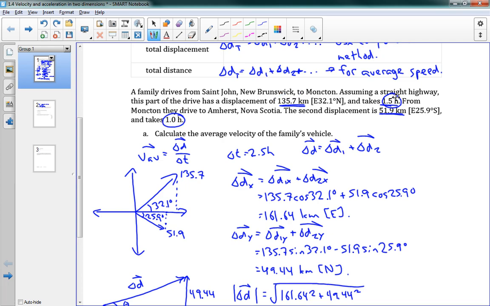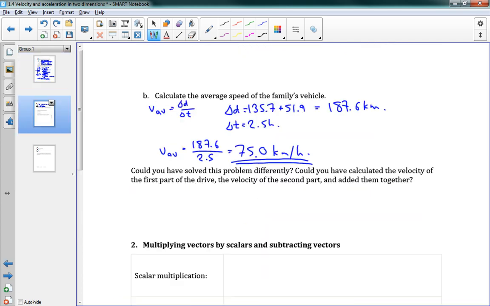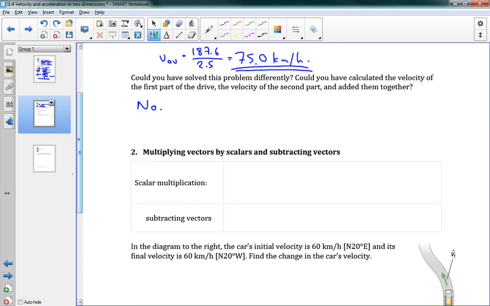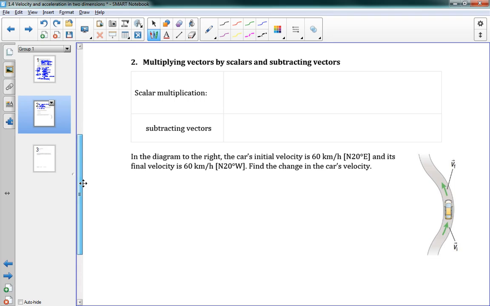So the simple answer to that question is no. You need to get the average displacement first. Or sorry, the total displacement. So we need the total displacement first. Good. Okay, so that is finding the average velocity, and that's a very important skill.